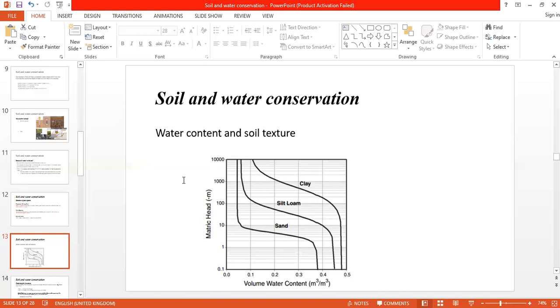So you don't want it to reach its lower limit. You know this is the lower limit, but you make sure you apply water above it, before it gets there.